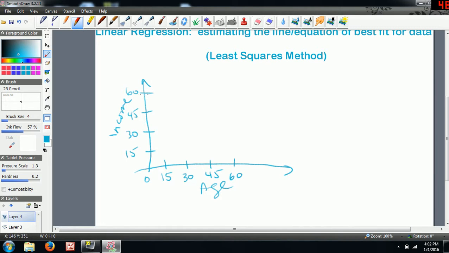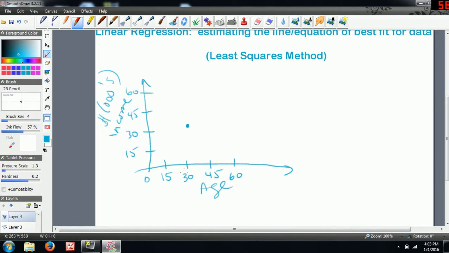Now, our data was given in a table, so what you do is just plot each one. The first person was 33 and made 33,000. The income is in thousands, so we're going to assume thousands of dollars. So that would be around here somewhere, and we put a dot there.